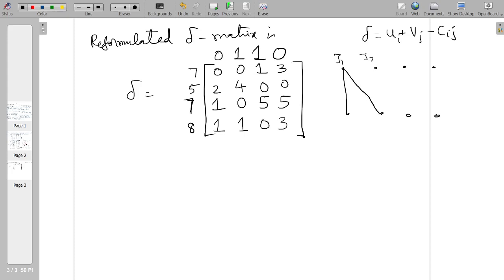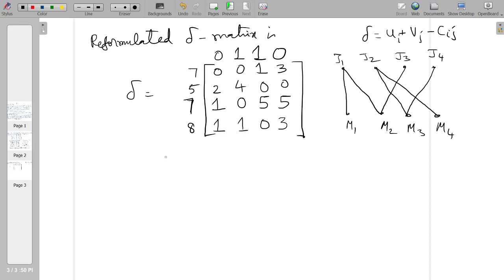So I'll have J1, J2, this one would be J3, this one is J4, and the labels in the second partition would be M1, M2, M3 and M4. So J1 is adjacent to M1 and M2, J2 is adjacent to M3 and M4, J3 is adjacent to M2, and J4 is adjacent to M3.